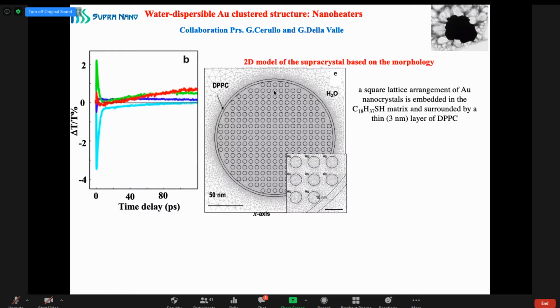But this is very important because you know that one of the problems in biomedicine is to break the membrane, because usually this membrane is very solid. It is not easy to break it. So to put a lot of nanoparticles close to the membrane seems to be a good idea, good news.